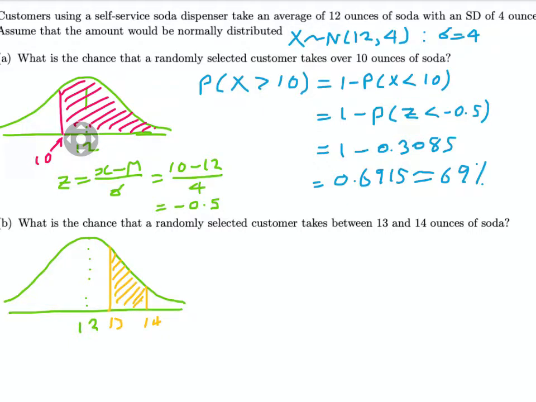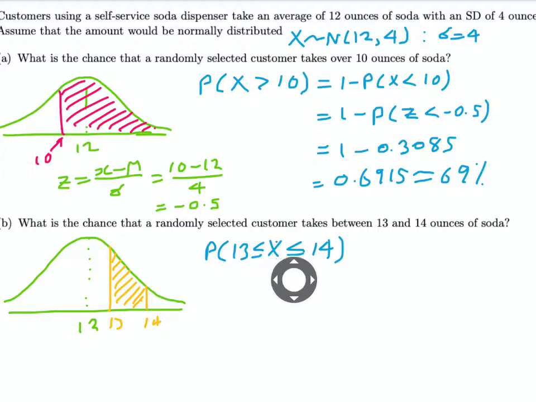So let me write this in notation. Probability X is the amount of soda and this less than 14, or you can use less than or equal, here 13. Okay, then what is the next step?